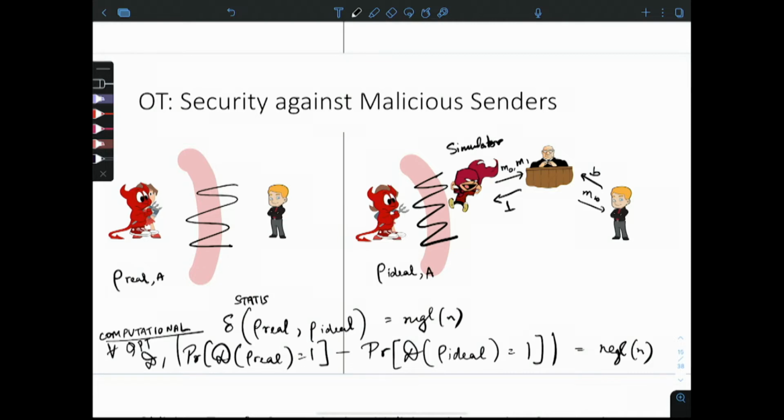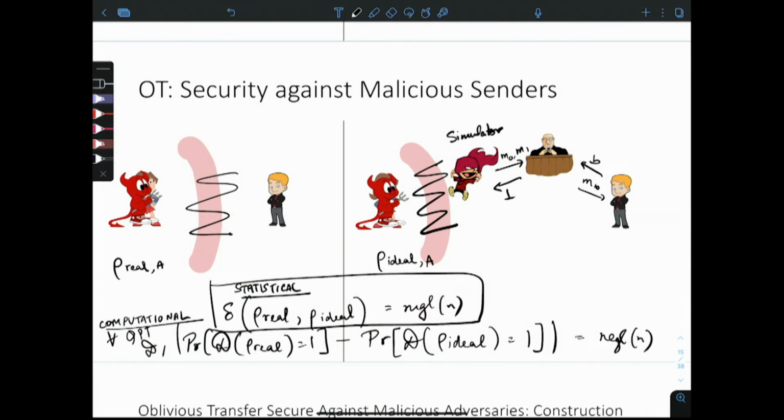And the one written up here is the statistical notion. So I am going to switch to computational at some point because we do need to use assumptions. Okay, we'll get to that in a bit. Does statistical versus computational make sense?